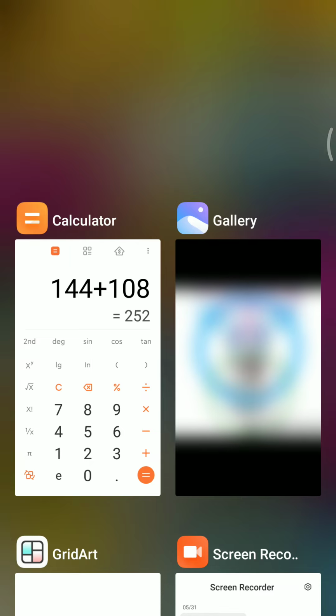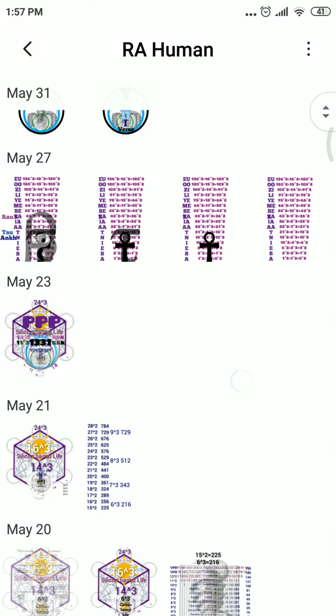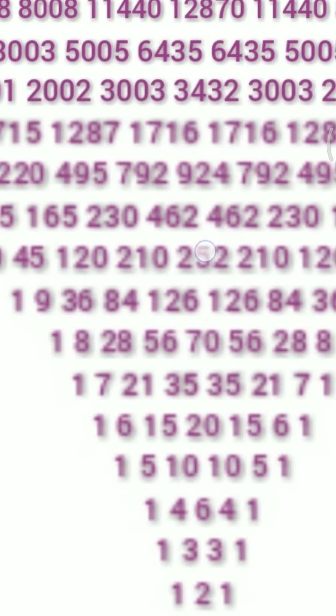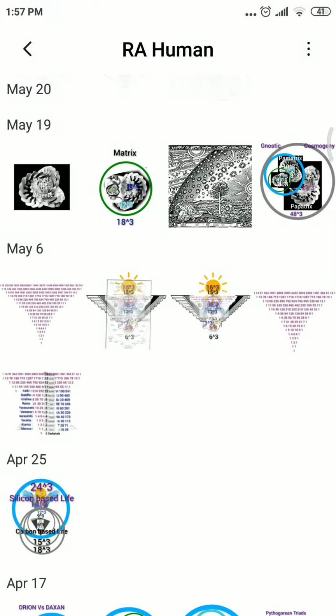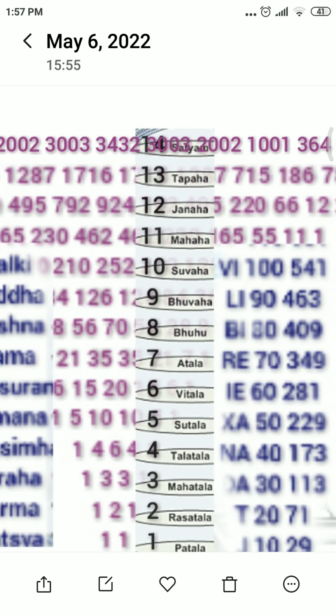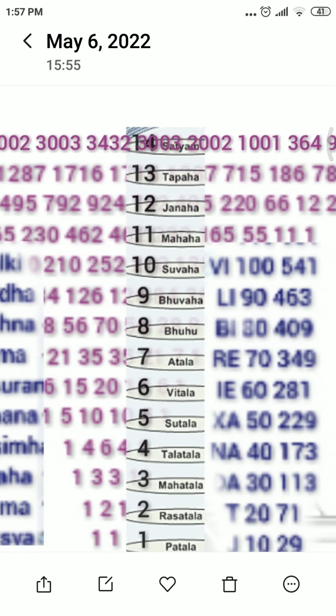So where did we come across this 252? In Hindu mythology, 252 is the avatar of Kalki, meaning the one who brings order.